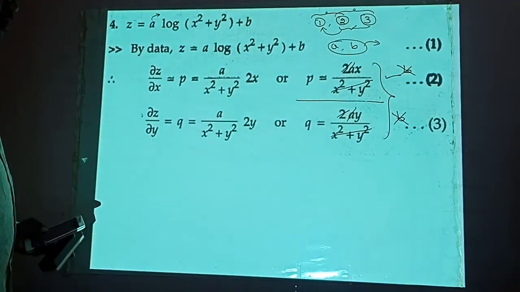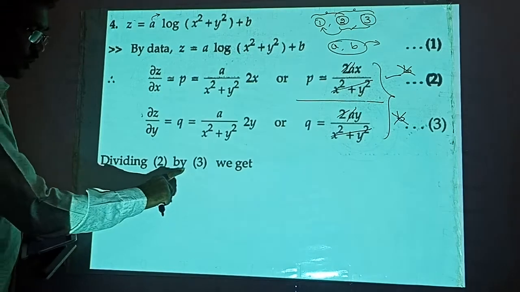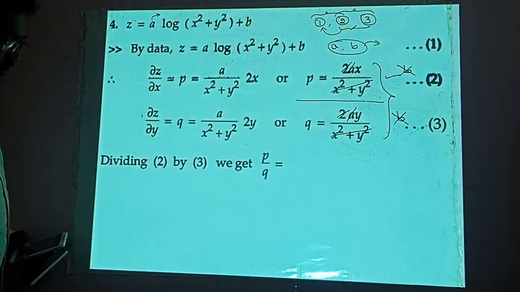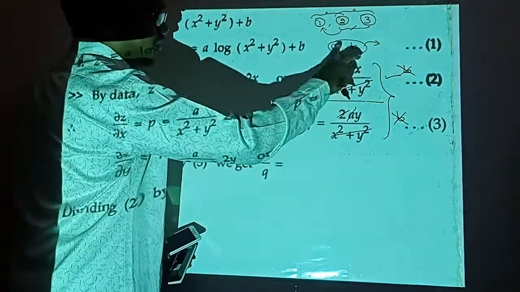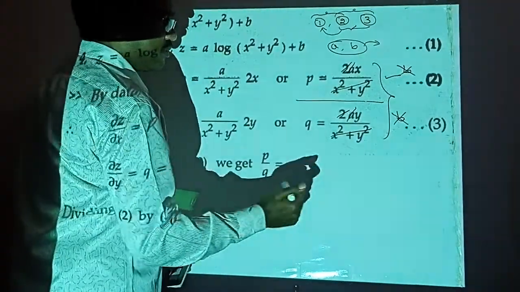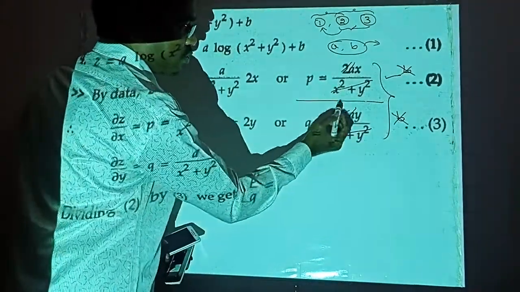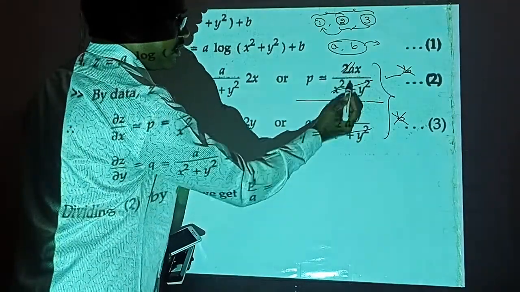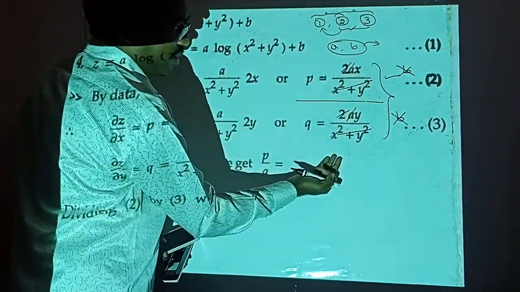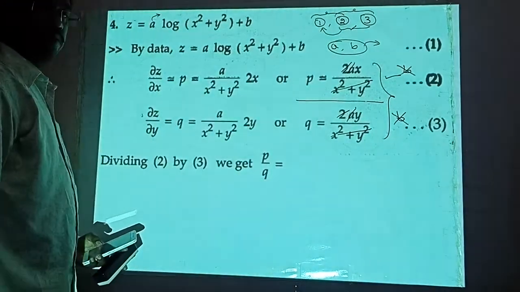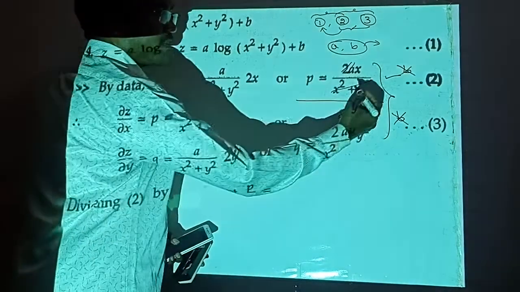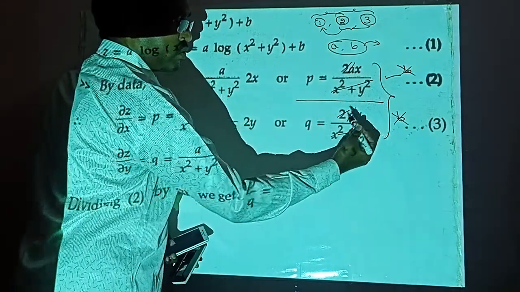In the LHS you will get P by Q is equal to. If you divide this by this, what happens? This 2 will get cancelled, a gets cancelled, and from the denominators x square plus y square, x square plus y square will get cancelled. So what remains? X divided by y.